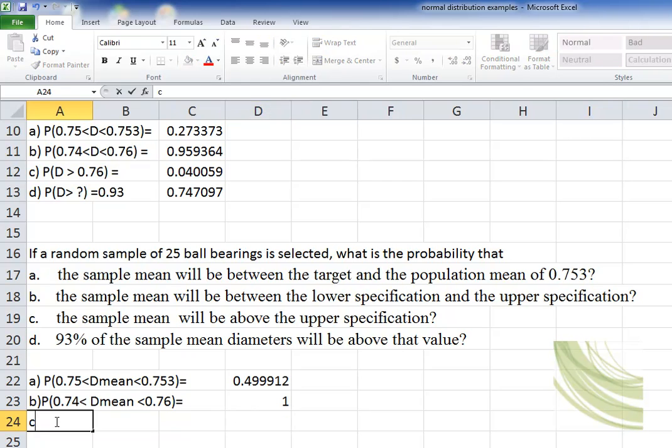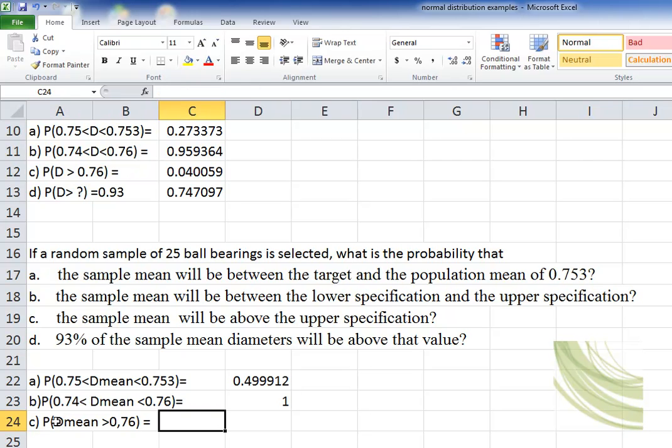Question number C. The sample mean will be above upper specification. So with the probability, the mean greater than 0.76 upper specification.